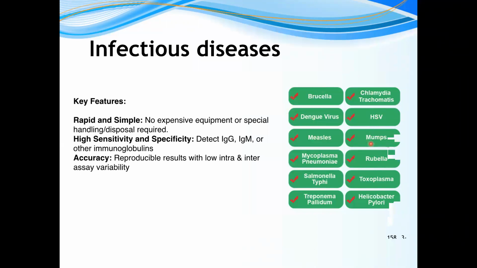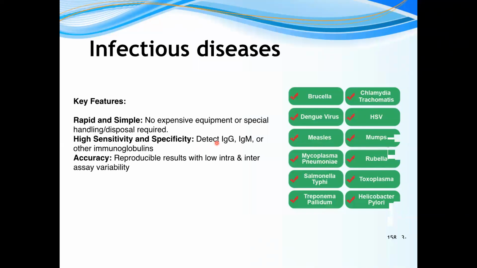I would like to specifically mention that we have ELISA kits that can detect the different immunoglobulins in the samples. Like we have ELISA kits for IgG, IgM, IgA for different diseases.